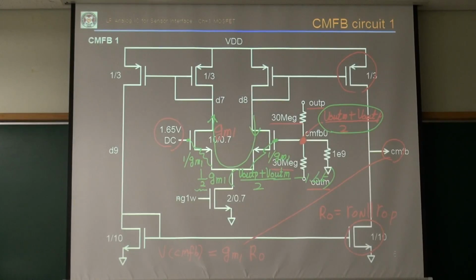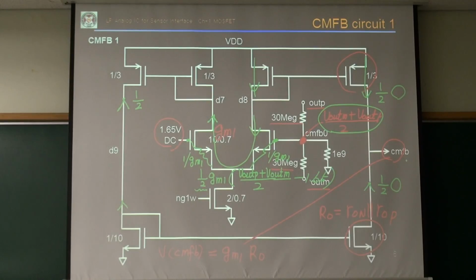The small signal current flows through here. This current mirror generates the exact same current here, which is 1/2 GM1 times something. Then this current mirror generates the same current here, half GM1 times something. And this current mirror generates the exact same 1/2 something, right?